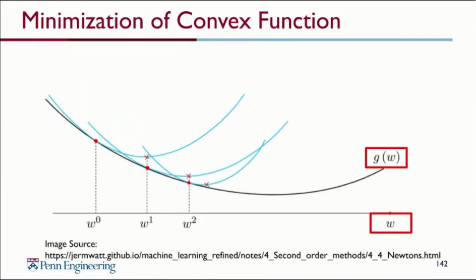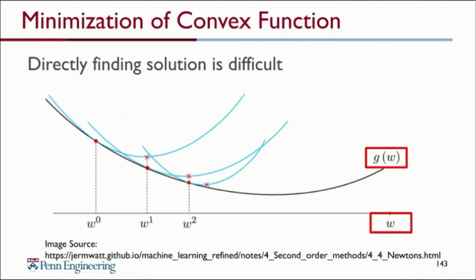Now, imagine that our objective function is a convex function g of w, and we are searching over the domain of w. Directly finding the solution that minimizes this objective is often very difficult. And so instead, what we do is use an iterative process where we start from some initial guess w0, and approximate the objective function around this initial solution w0, shown as the blue parabola that is intersecting the objective function at the point w0.